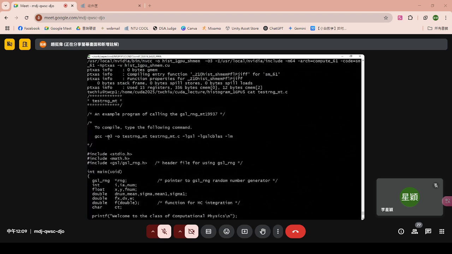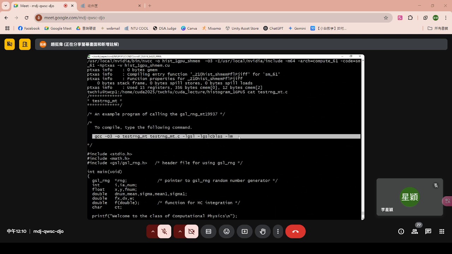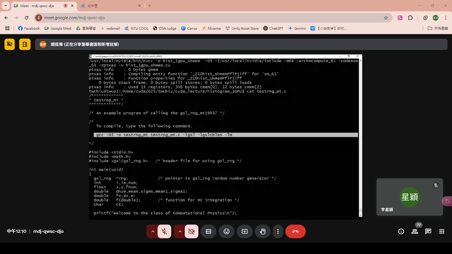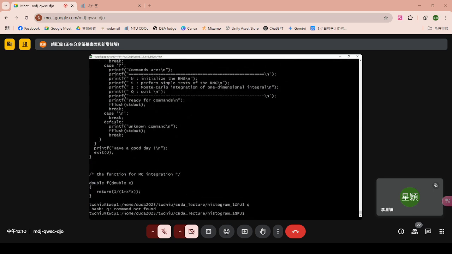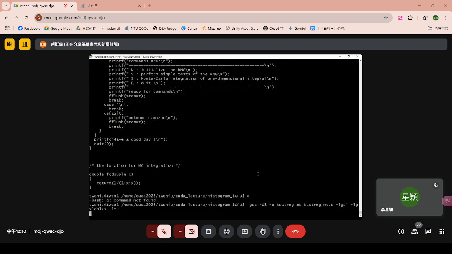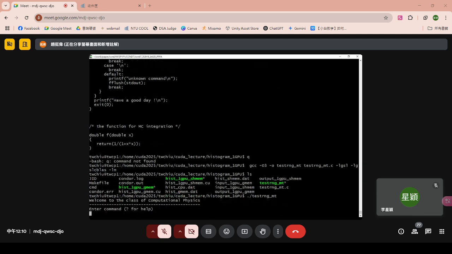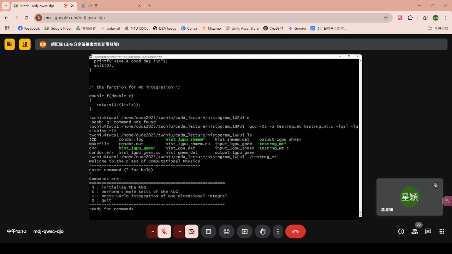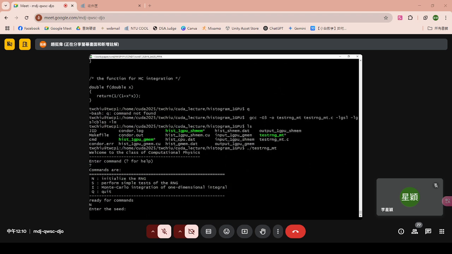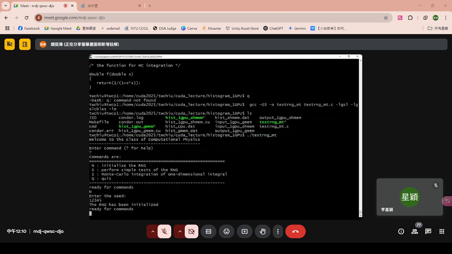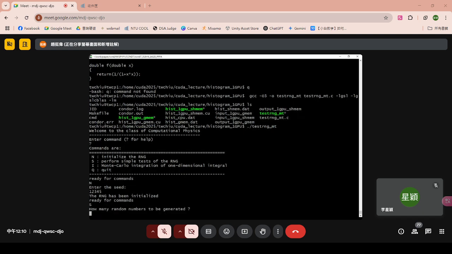Let me compile this first. So first I initialize the random number generator. I use any number, say 1,000.